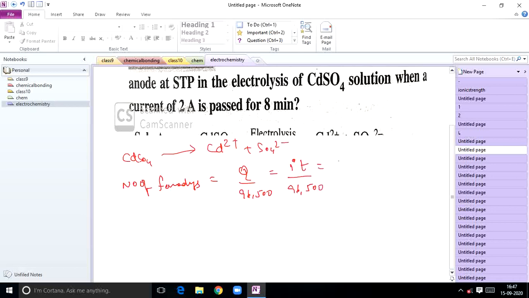I means how much? 2 amperes. Time 8 minutes. 8 into 60 by 96,500. So if you solve this one, 0.0099, that is equal to 0.001 Faraday.